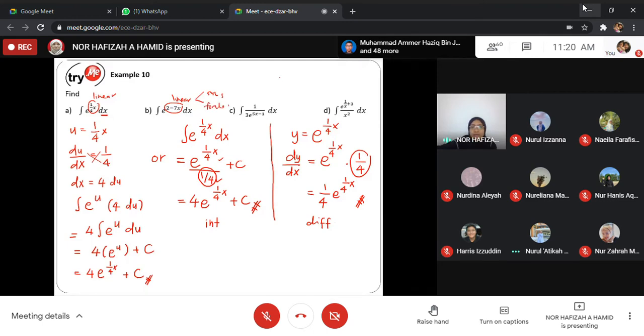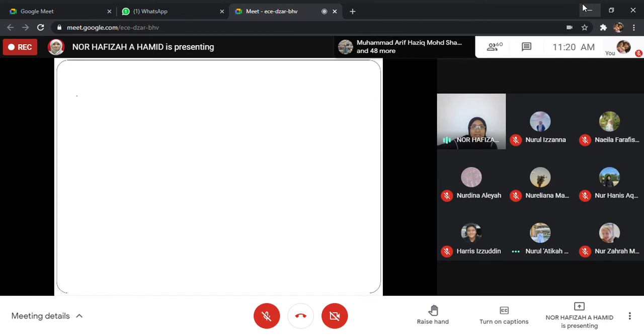So you boleh choose whether you nak solve using substitution or you nak solve using formula. Okay. So saya solve for B. So B ni saya tak solve using substitution lah, sebab panjang. So saya terus solve using formula je. So integrations of e to the power of 2 minus 7x dx. Okay, so equal to, so saya solve using formula.